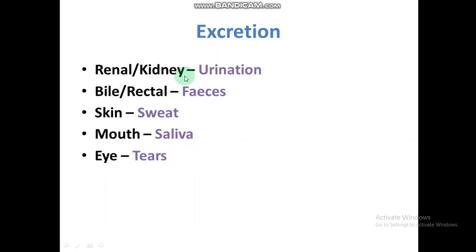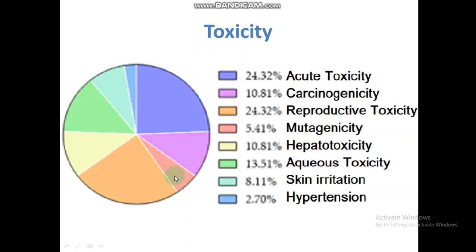Either the renal path, that is kidney through urination, or bile or rectal through feces. It can take the path through the skin, which means sweating. If it is excreted from the mouth, it will be in saliva, and from the eyes it will be in the form of tears. So these paths can be taken by the medicine for excretion.